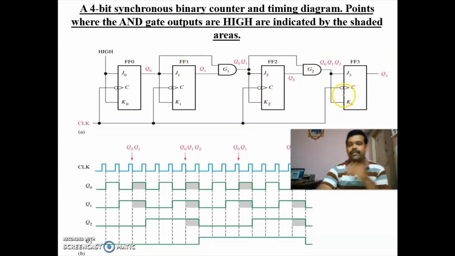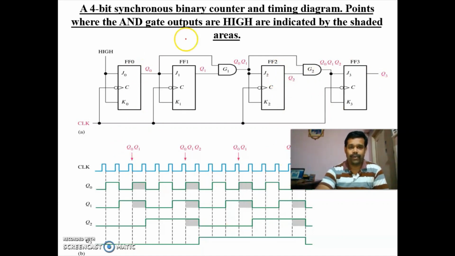The operation is similar to the previous one. Initially we have to consider Q0, Q1, Q2 and Q3 as 0. Then we have to apply the clock pulse. During every clock pulse, Q0 will be changing the state, and Q1 will be changing the state only when Q0 is 1. Similarly, Q2 will change the state only when Q1 is 1, and Q3 will change state only when Q2 is 1.